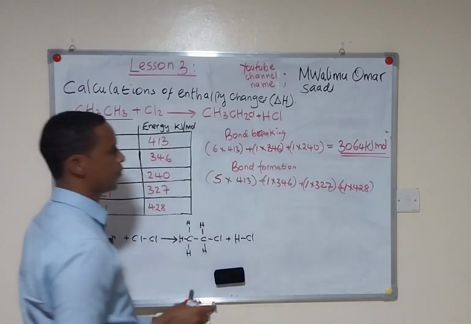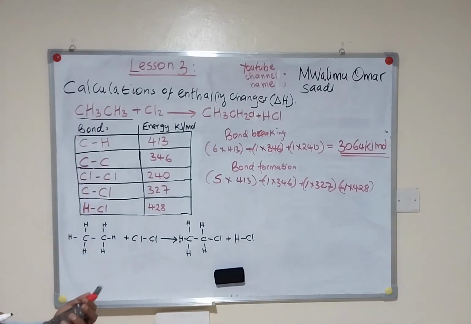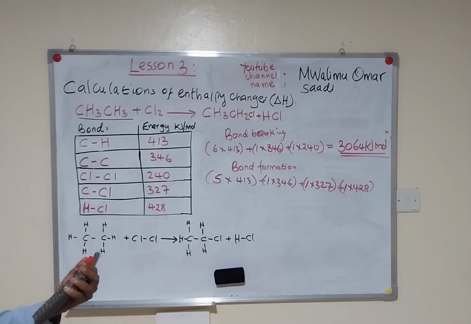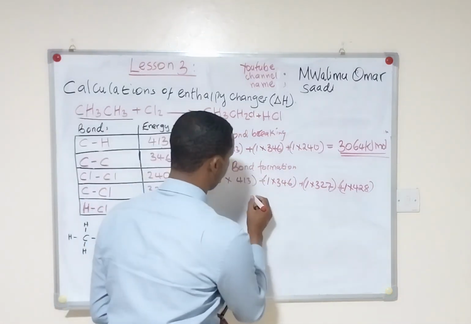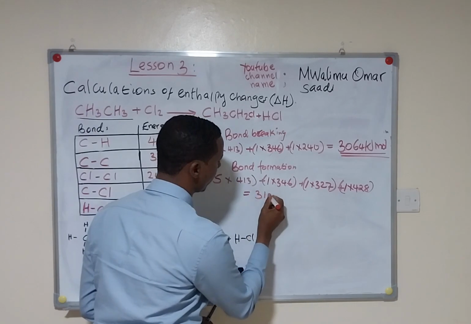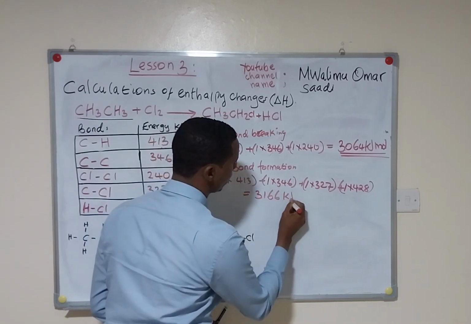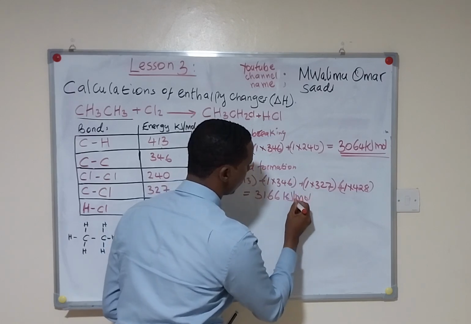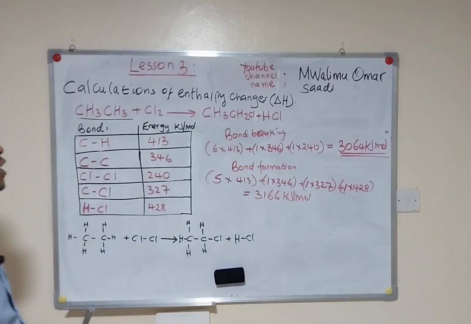So we add that up: 5 times 413 plus 346 plus 327 plus 428. That is 3,166 kilojoules per mole.